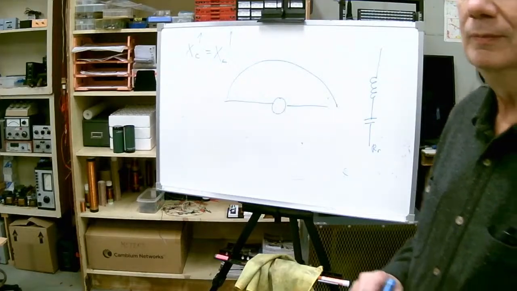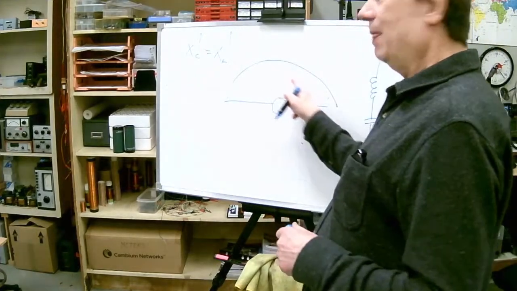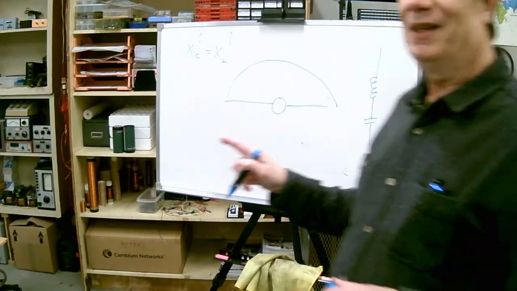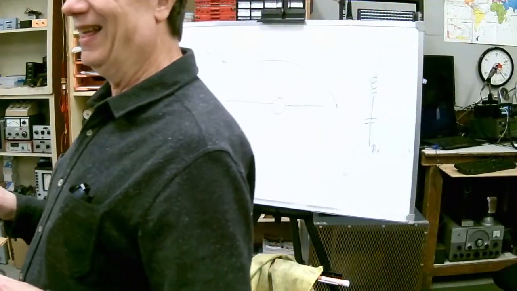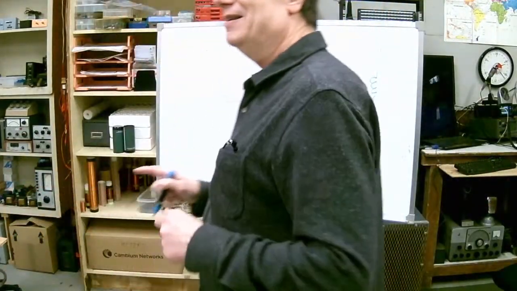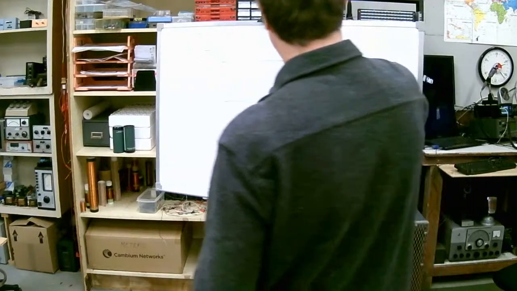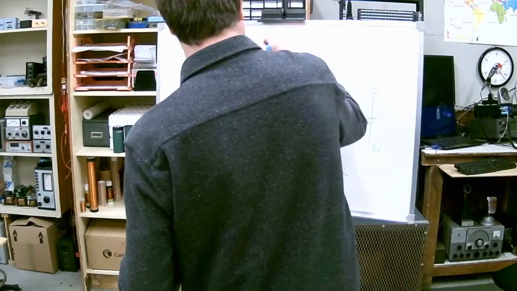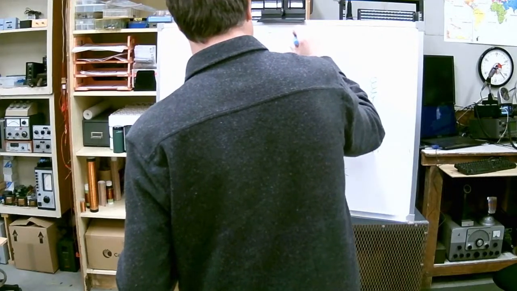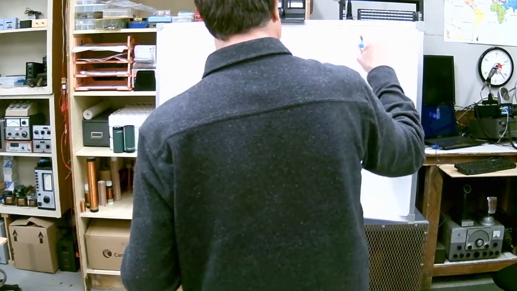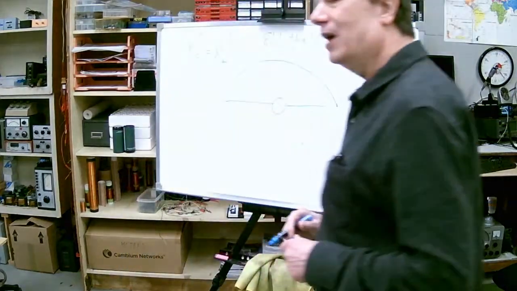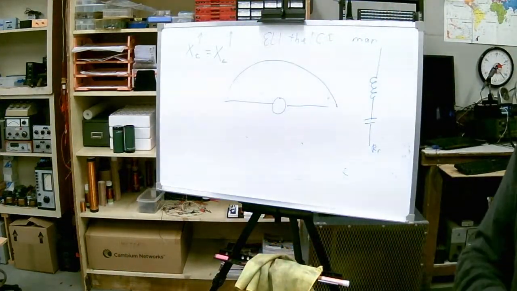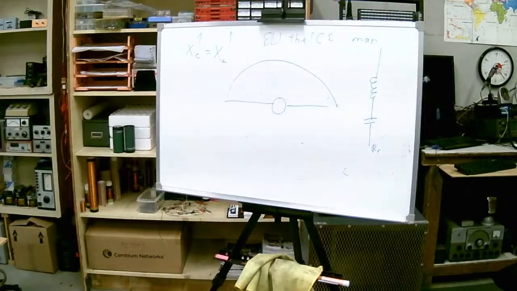Why is that? It kind of makes sense, but it's because, remember the ELI the ICE man? In a capacitive reactive circuit, which comes earlier, the voltage or the current?